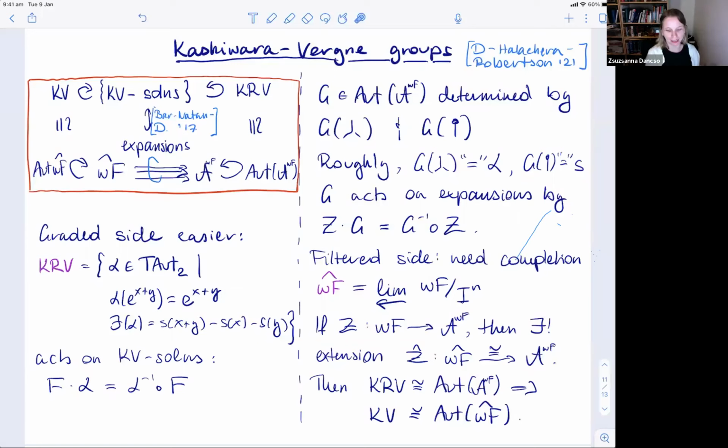And then on this side, you have to do a pro-unipotent completion and show that homomorphic expansions extend to circuit algebra isomorphisms between this completion and arrow diagrams. And then you can pull that isomorphism through to the other side to show the isomorphism between that group and automorphisms of completed foams.